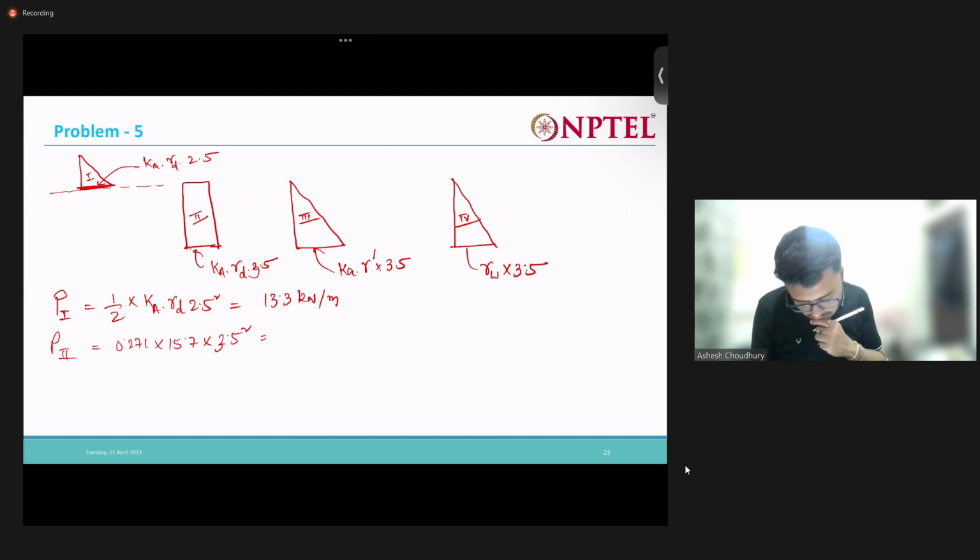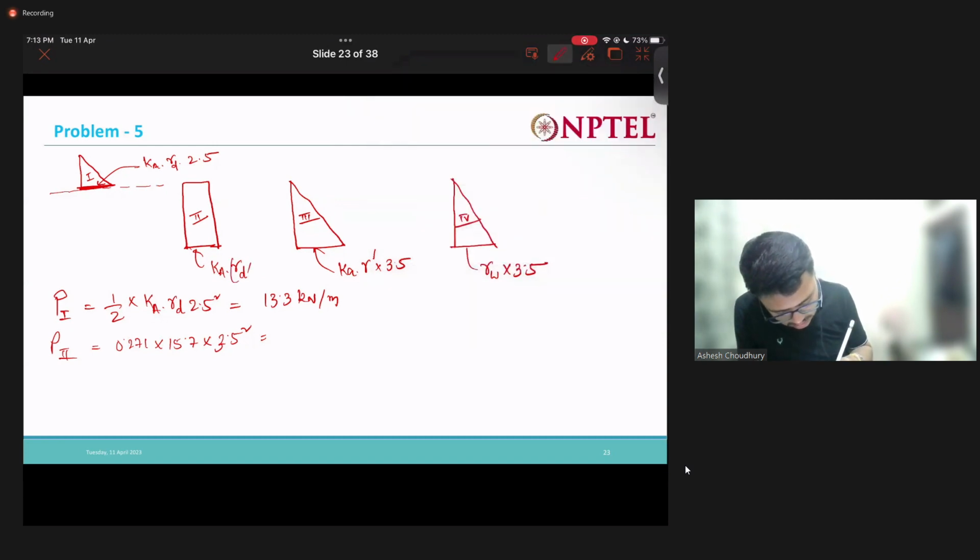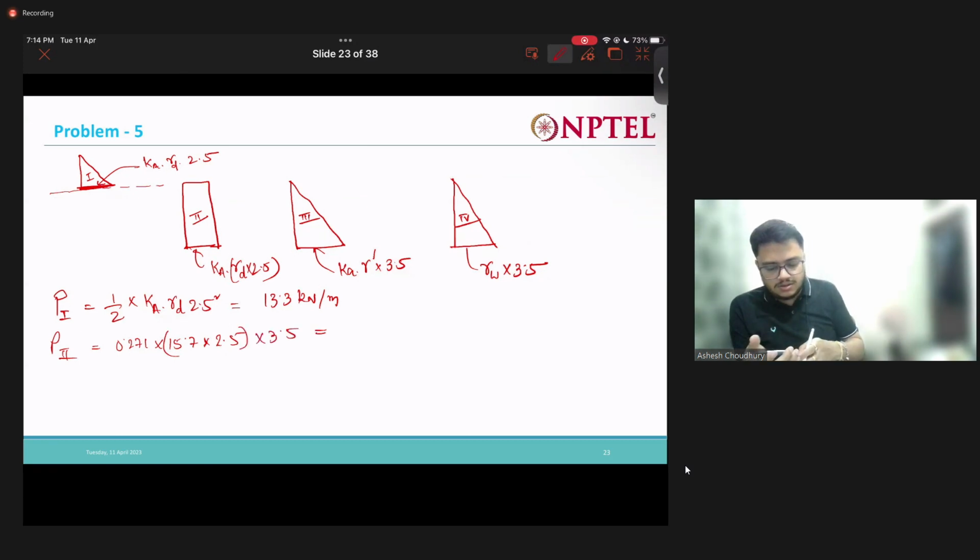It is K into gamma d into 2.5, and this into 3.5. So it is 37.23.